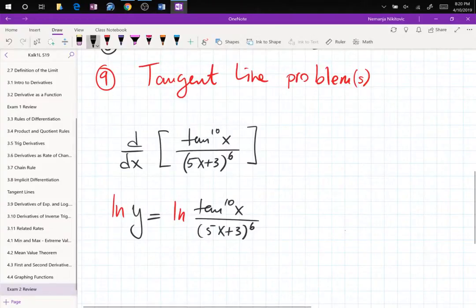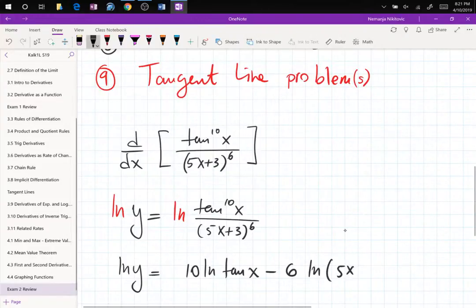The next step is to expand everything using the ln formulas. So we have 10 ln tangent x minus 6 ln of 5x plus 3.